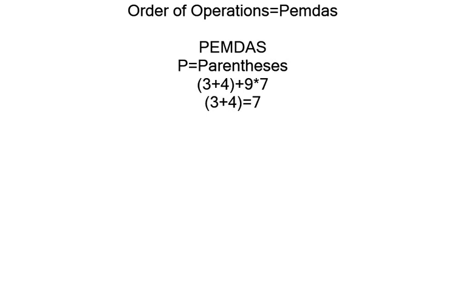Let's incorporate that into the equation, and keep it in the parentheses to better understand it: 7 plus 9 times 7. We figured out what to do first, we knew it was parentheses, and we solved it.